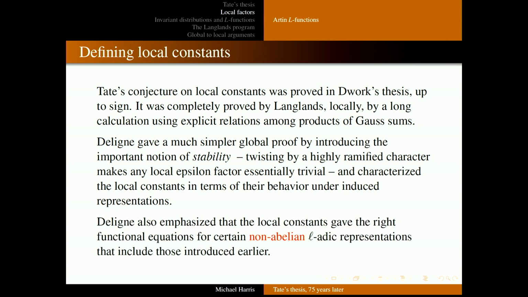He also emphasized that the local constants gave the right functional equations for certain non-abelian l-adic representations that are not of finite order, not Artin representations, such as the ones that had been constructed by Eichler and Shimura for modular forms of weight 2, and then by Deligne for modular forms of any weight.